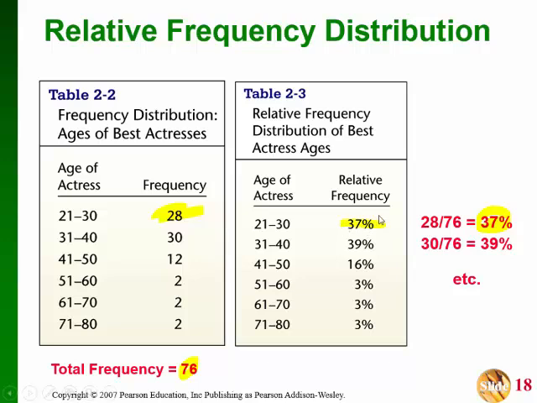So in this case, they're looking for the percentage of the actresses whose ages are between 21 and 30 for the first one, and then 31 to 40, etc. All right, any questions? All right, simple enough.